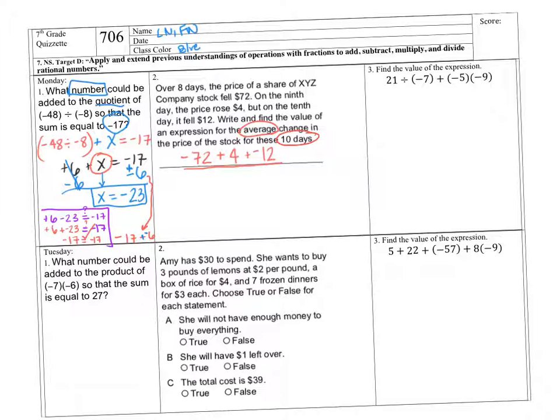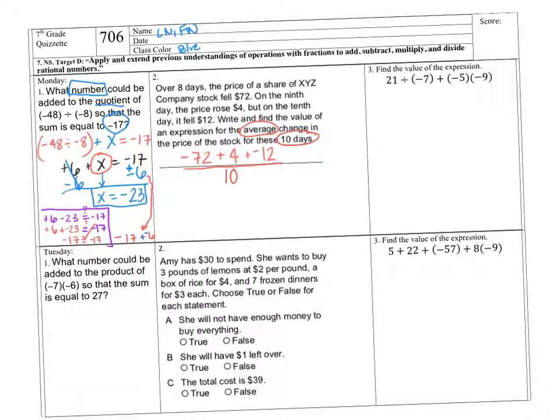And in this case, they want us to find the average of 10 days. Typically, if they're asking you about the average of something, they give you a sequence of numbers. You count the sequence of numbers, and if there's like 5 numbers in that sequence, you would put 5 underneath the sum of all those numbers.